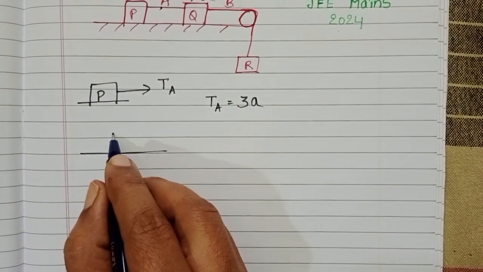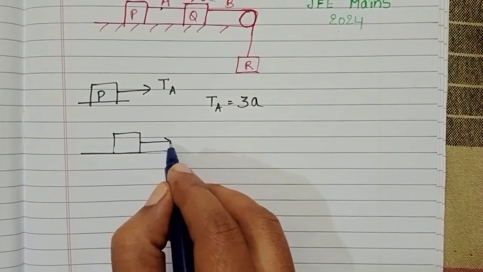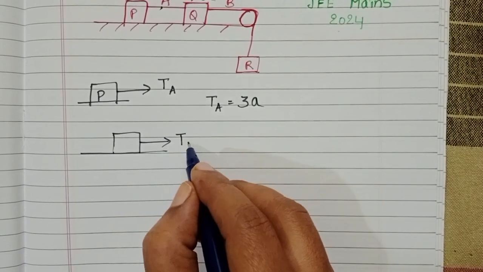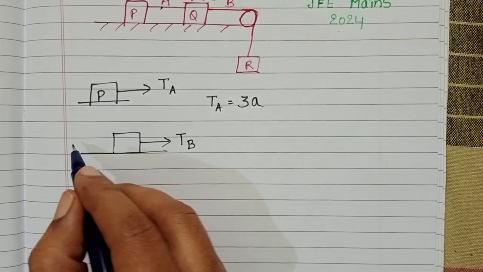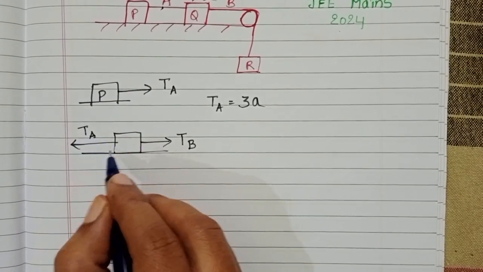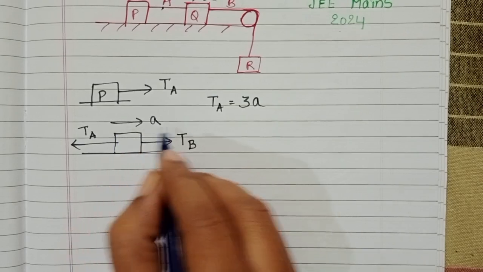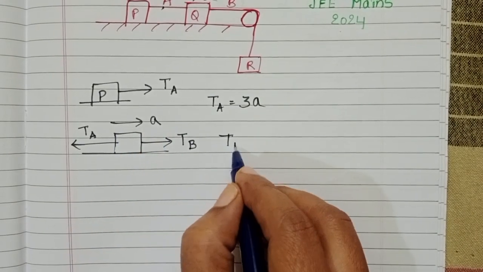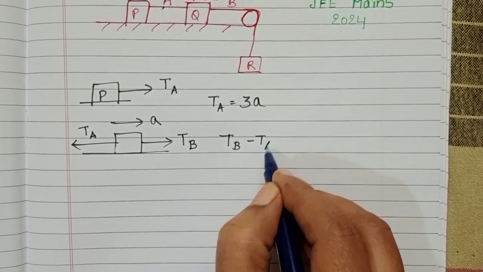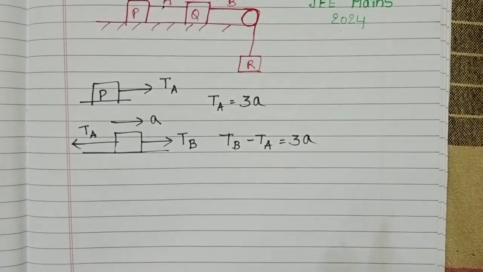Second block is also vertically in equilibrium position. In the horizontal direction, right side tensional force TB and left side tensional force TA. The difference of these two tensional forces, this block accelerates to the right side. TB minus TA is equal to mass of the block into acceleration.